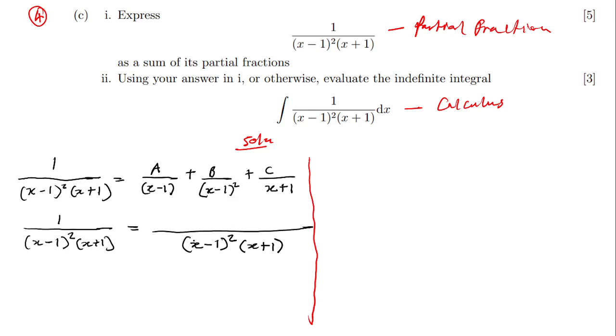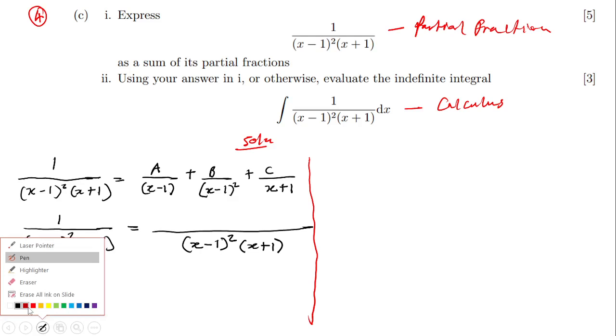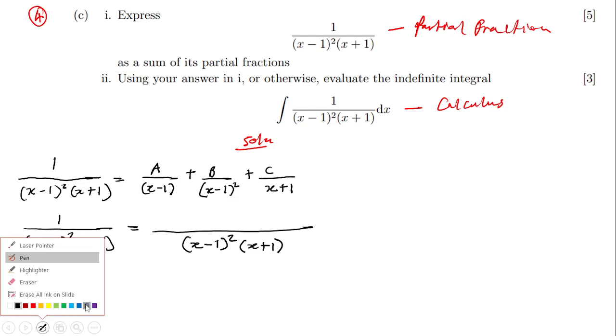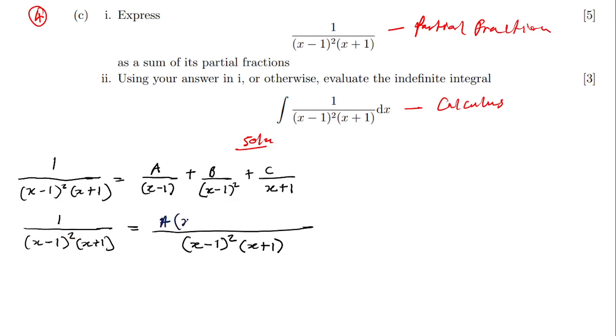Then your next target is to multiply this by what is on the denominator there. So what you are going to have is what I'm about to write. This will give you A open bracket (x minus 1) and then open bracket (x plus 1).